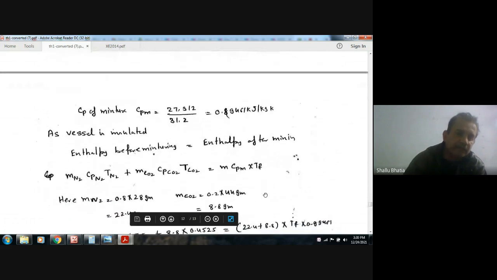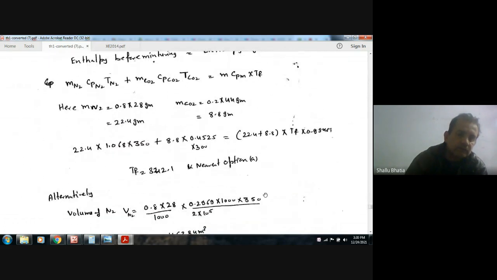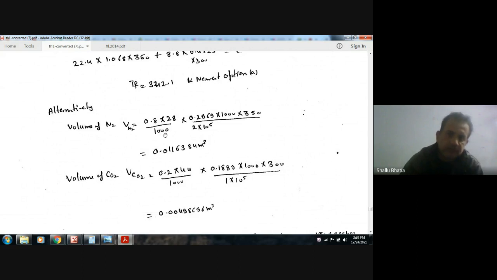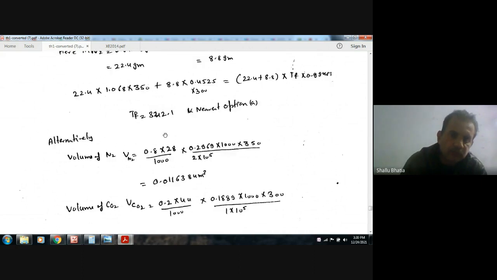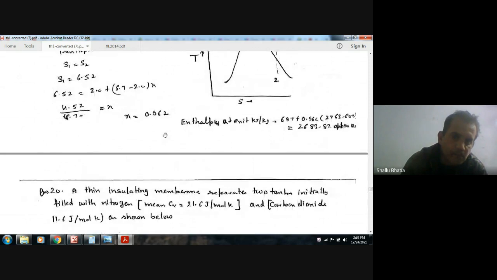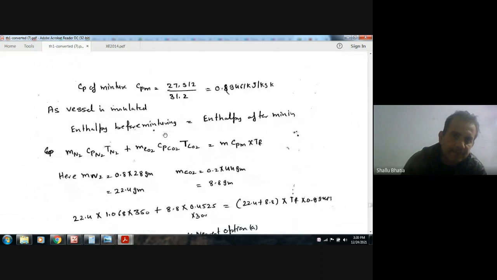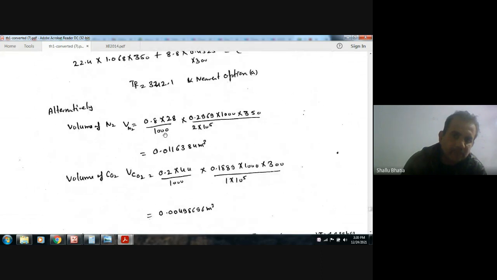There is an alternate method for doing this also. First of all, calculate the mass of N2. That can be calculated by number of moles into molecular weight divided by 1000. Okay, 0.8, and similarly the mass of CO2 can be calculated.